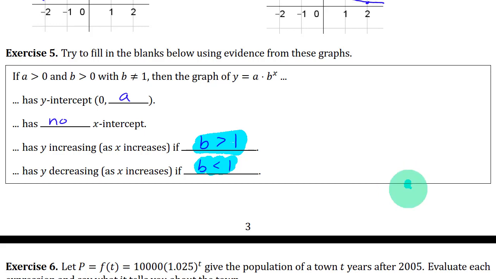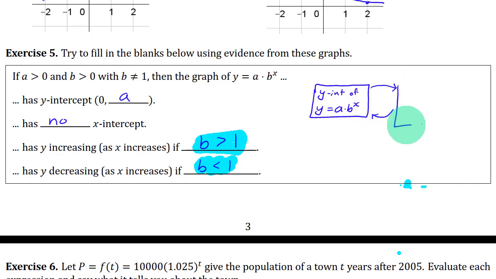Make sure that when you're doing the homework, the answers that you get agree with what you have in these notes. If you're going the flashcard route, you could have one side of the flashcard say the y-intercept of y equals a times b to the x, and then on the back side of that card say something like (0, a) to help you remember that.